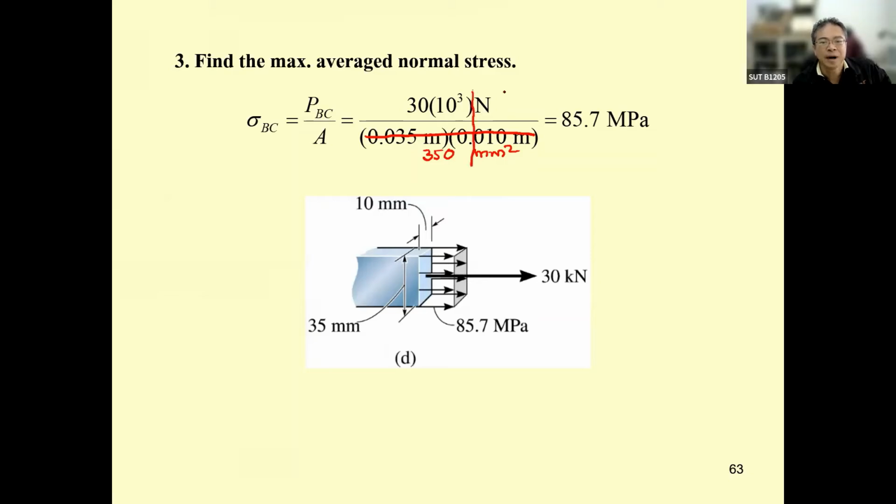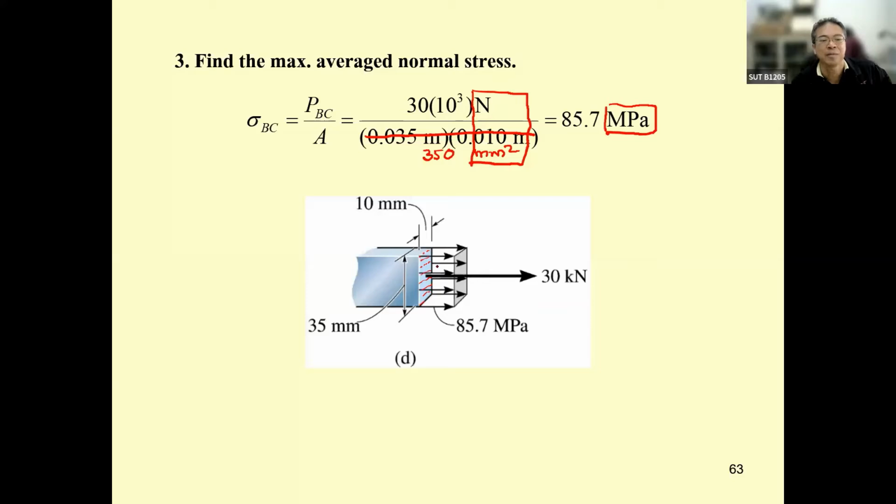Newton per millimeter square is already megapascal. Doing something like this is better. Okay, it's 30,000 divided by 350. And then the stress that occurs on every material point is going to be the same.